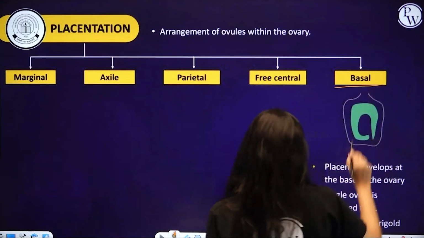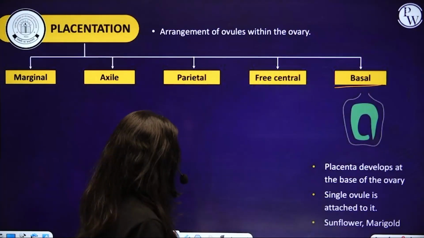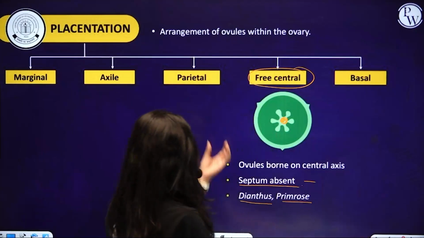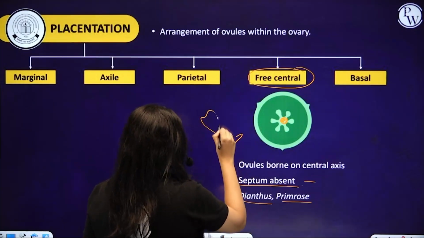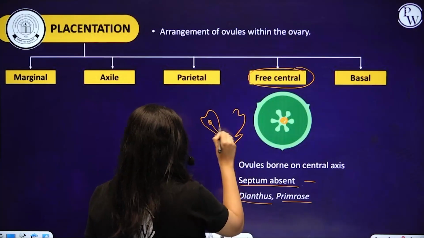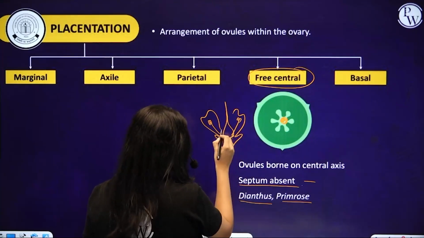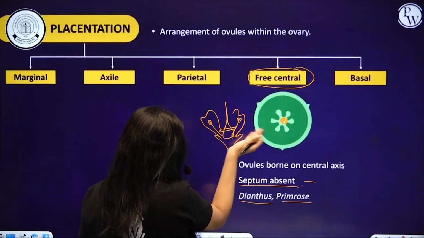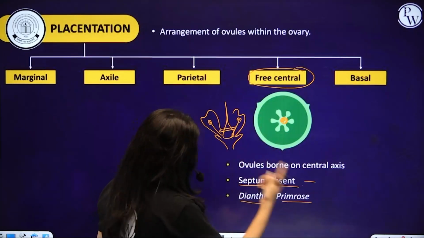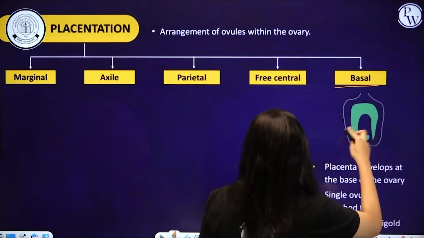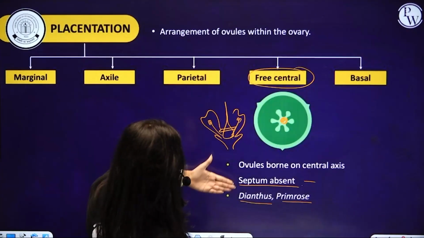Next we have basal placentation. So far whatever you saw were the transverse sections of those ovaries. So if the plant is like this, and let's say this is the ovary, up until here we took a section of the ovary transversely and we are looking at it from above, so it looks like this. Now the next illustration that I'm showing you is actually taking a section of the ovary like this, longitudinally.